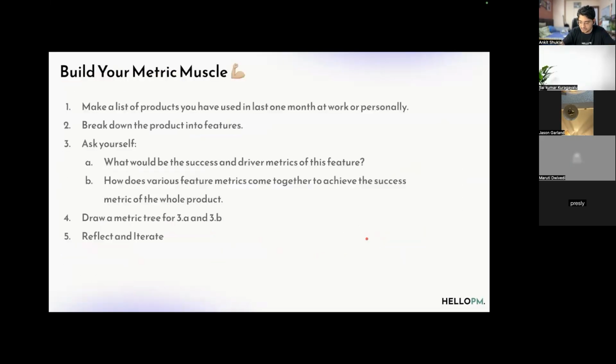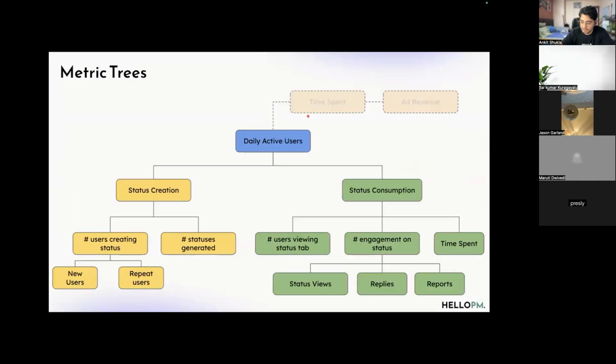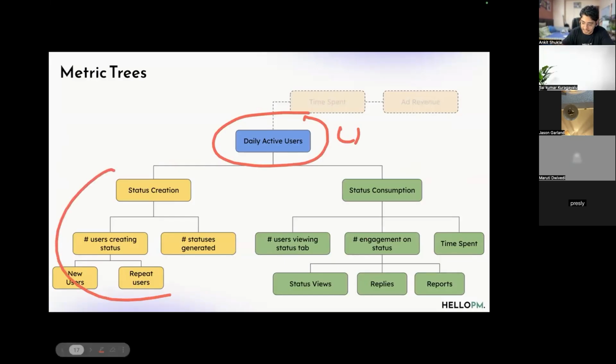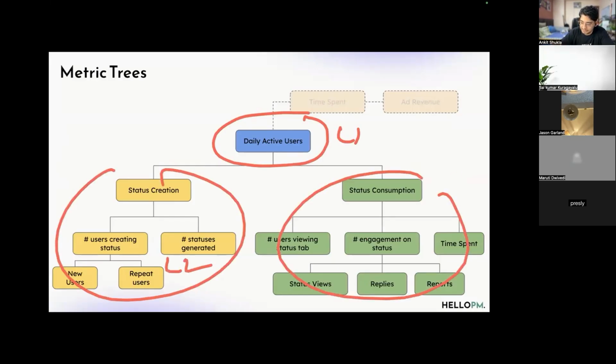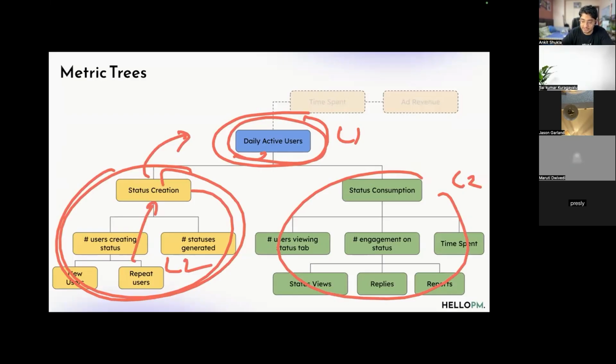What are these? In this diagram, this is the main metric called the L1 metric. These are the L2 metrics, level 2 metrics. Because this happened, then this happened. So it might take some time to evolve, but this happens instantly. So it is called a leading metric.